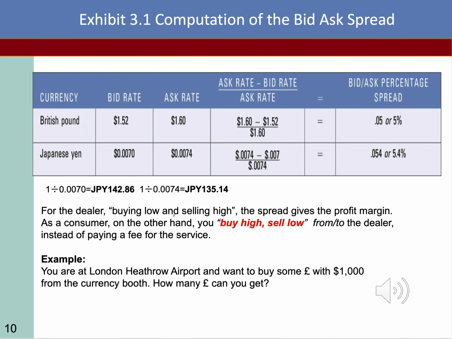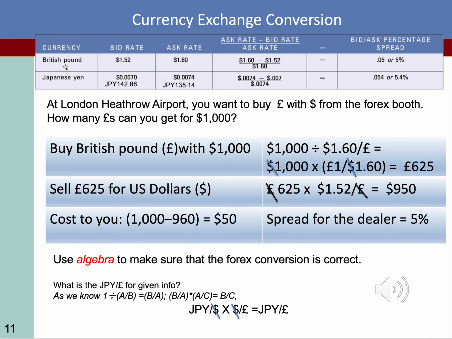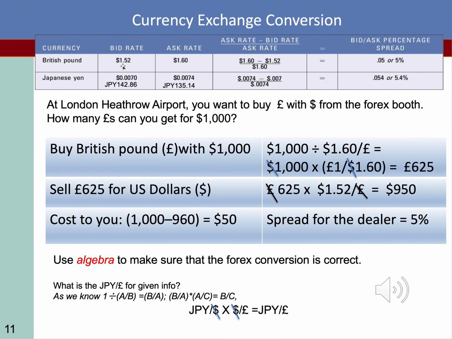Now let's do this exercise. This is a very interesting one. The price quotation: the bid price is 1.52, the asking price is 1.6. So you have to buy high, so you have to use the asking price 1.6.